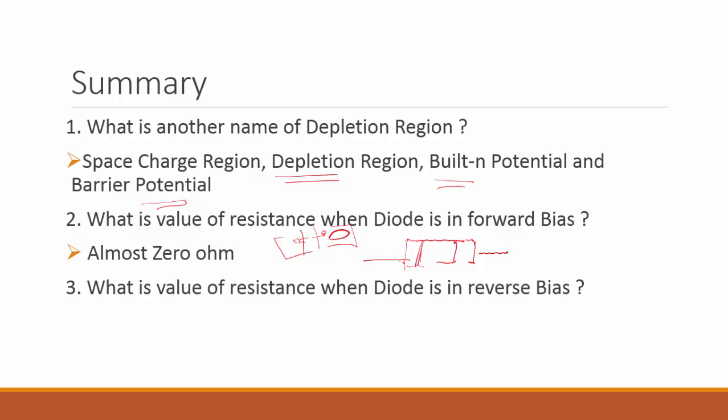That's why the electrons sitting over here cannot cross over this junction and reach the p-type region. That's why the junction in reverse bias has the highest resistance compared to forward bias. So almost infinite, or you can say it's in the mega ohm.